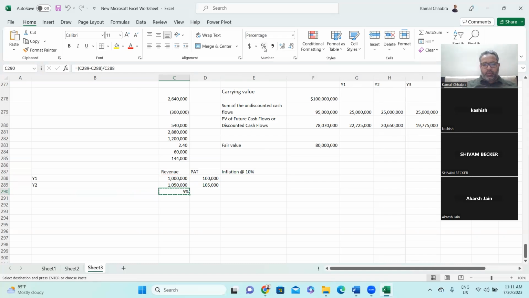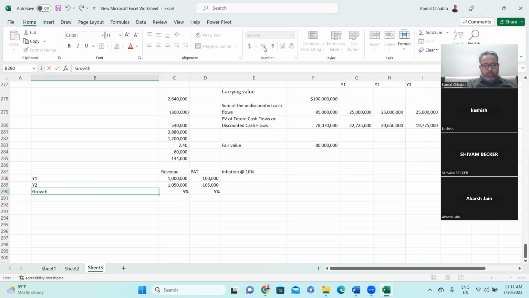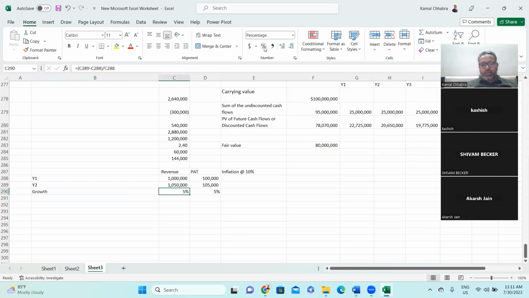So this is your growth in terms of revenue and in terms of profit after tax. Is this growth actually growing in line with the purchasing power, or is it not? Not in line, right?